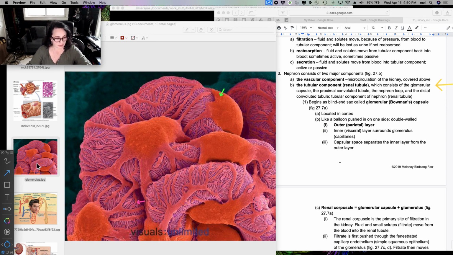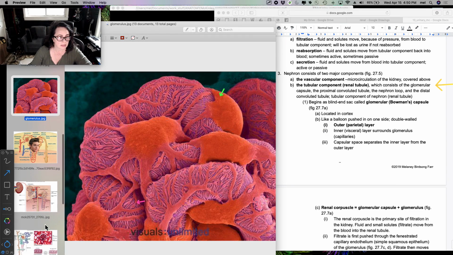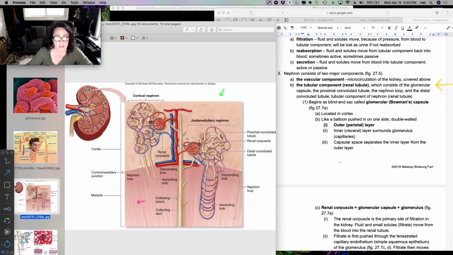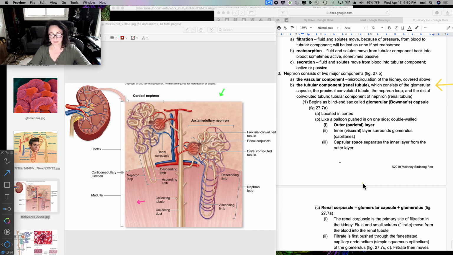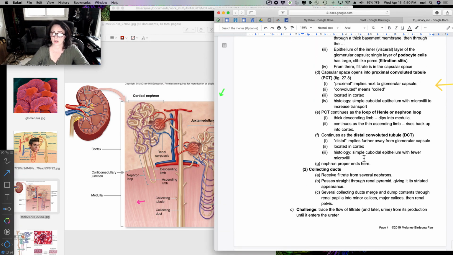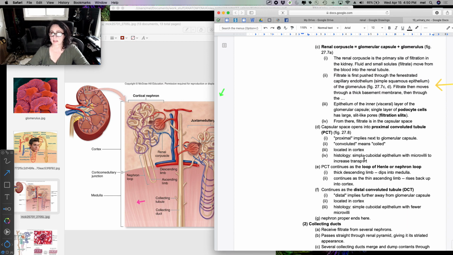So where is this relative to the gross anatomy? Generally speaking, this structure right here is going to be located in the cortex. Could be higher or lower in the cortex. And so you got the visceral and the parietal layer, with a space between it. And so what you call these things is, where are we? I lost my place.